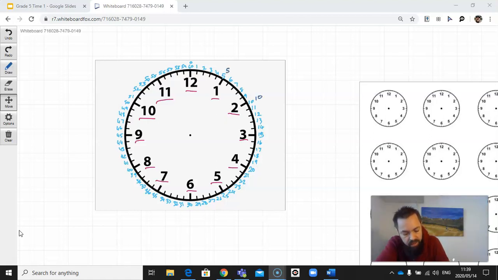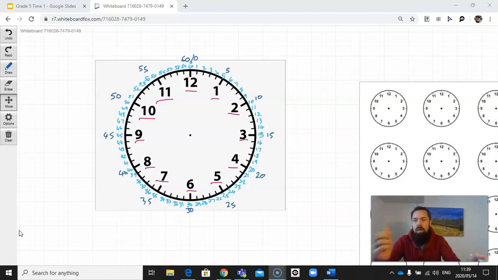So 5, 10, 15, 20, 25, 30, 35, 40, 45, 50, 55, and the top is 0 or 60. It's the same number.